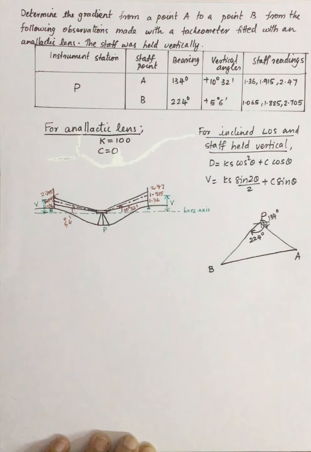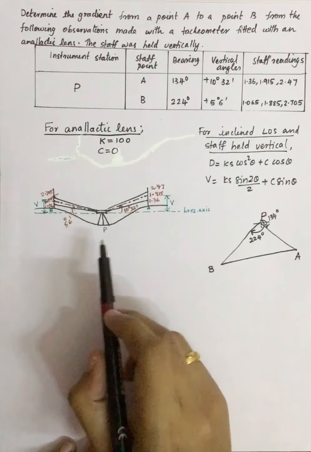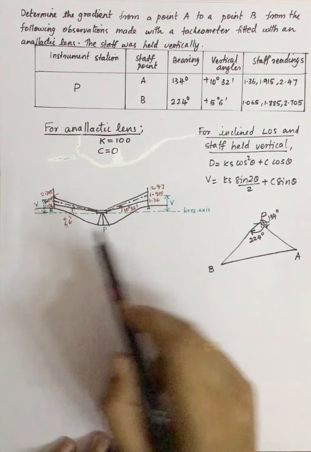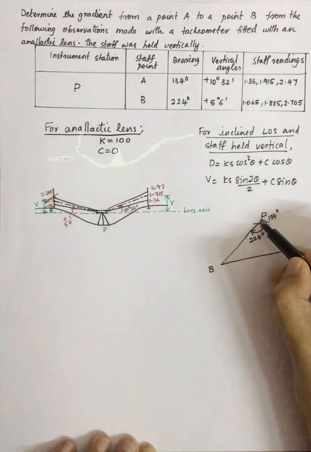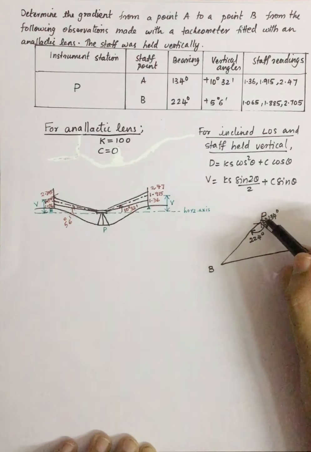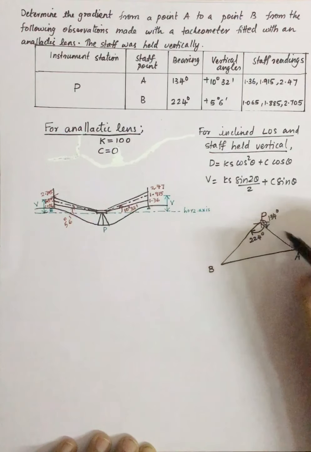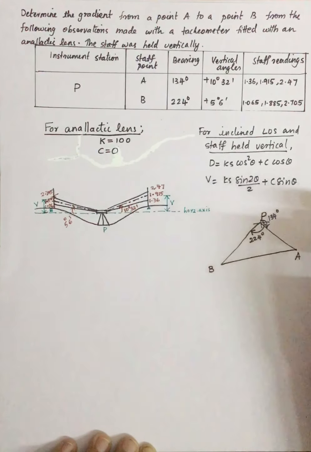So you have to imagine the top view of the profile. In this figure it is a cut section given P, A and B. So when you look at it from the top view plan, you can see P is located at this point. A is at an angle 134 degree bearing with P. B is 224 degree bearing with P. So in the field it forms a triangle.